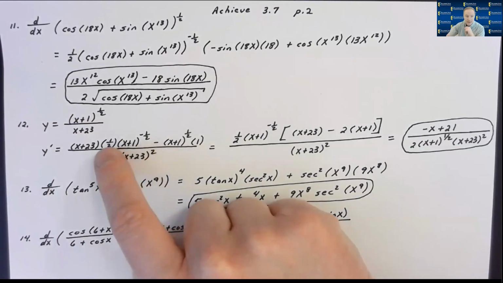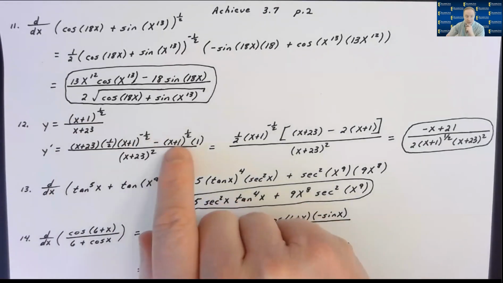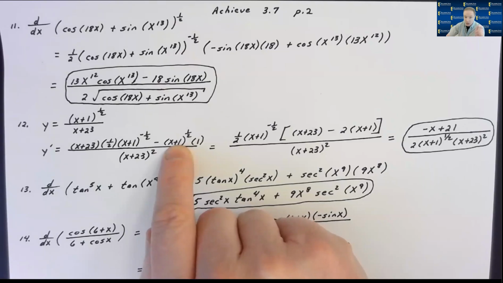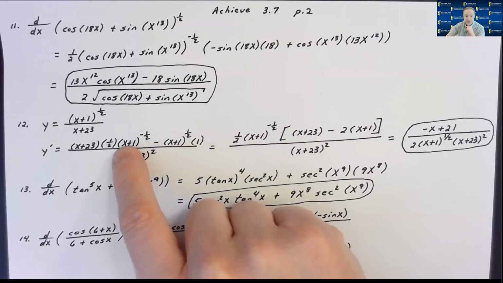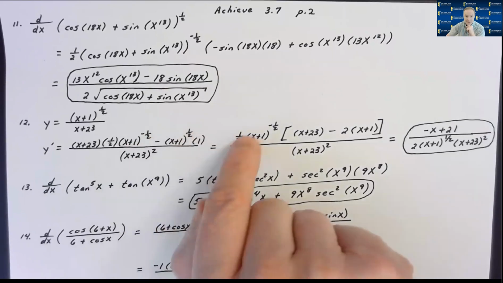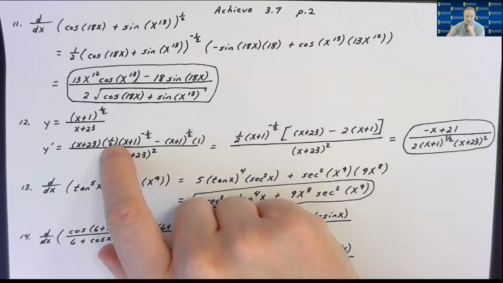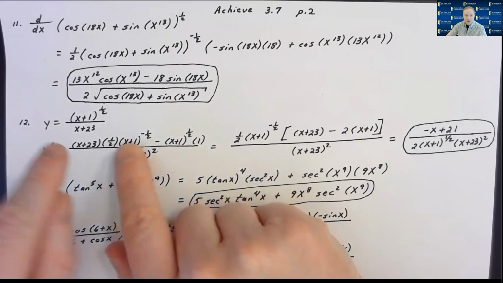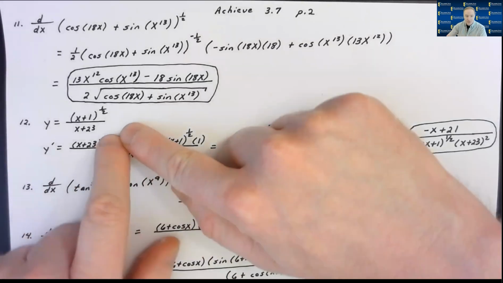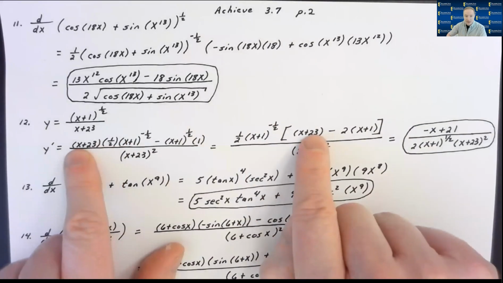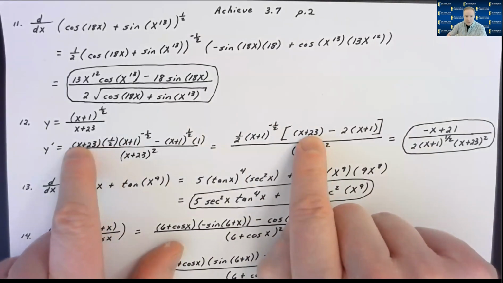So I knew I had a common factor of x plus 1 in my numerator. You always factor out the lower power of it when you take the greatest common factor out. So I'll factor out the x plus 1 to the negative 1/2. I also went ahead and factored out the 1/2. So that removed those two terms from the first term, just leaving x plus 23 when I factored it out of the first term.